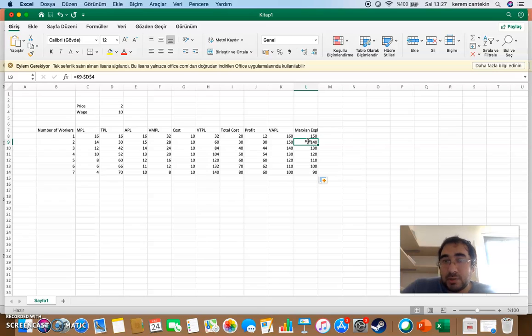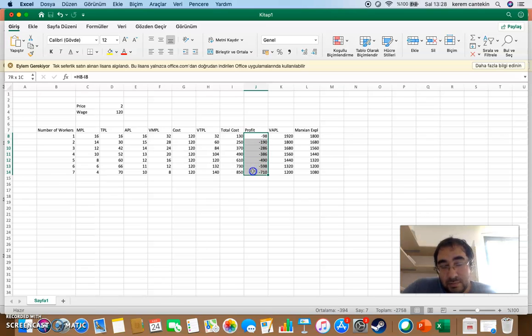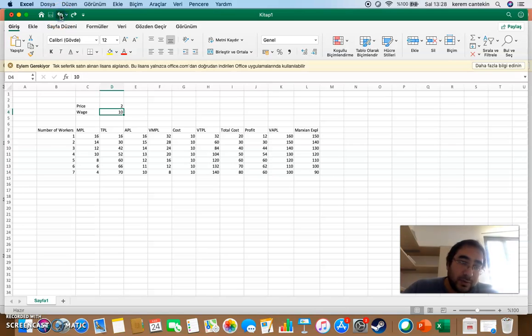So average exploitation is 150, 40 units in this case. And if you want a case without exploitation, for example, let's increase the wage to 120. That's the case when profit actually decreases below zero, because the company can only get profits if it exploits workers, according to Marx. That's the only way a company can have a positive amount of profits.